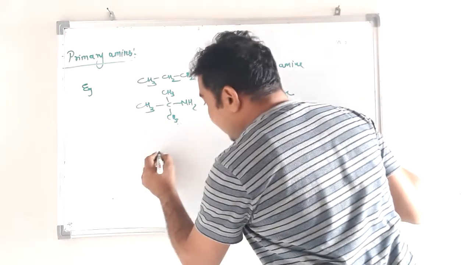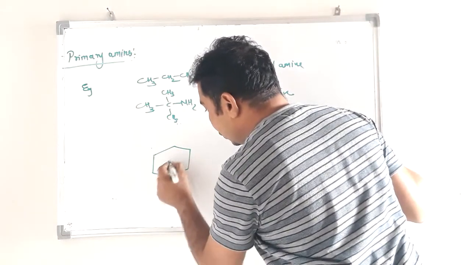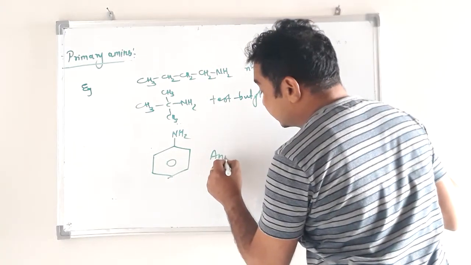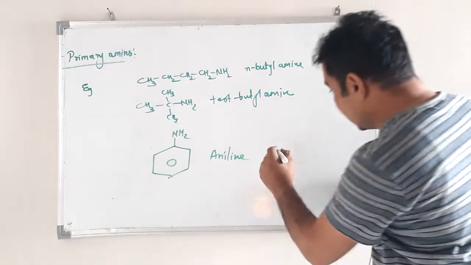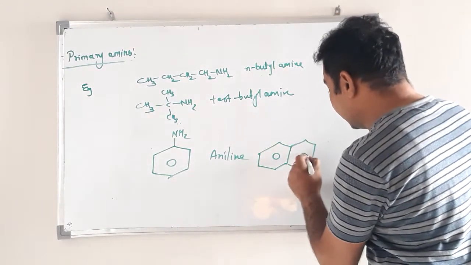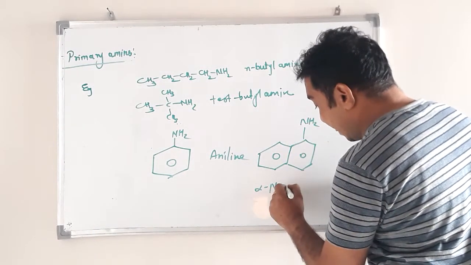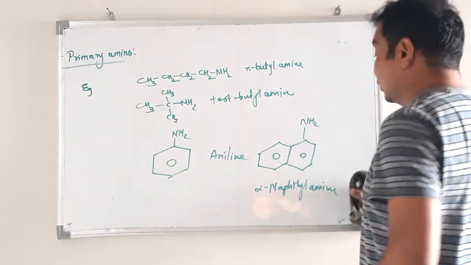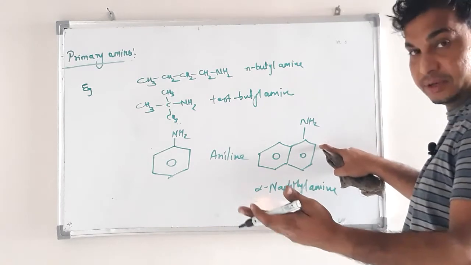We also have aromatic hydrocarbon, an aromatic phenyl group having NH2. Its name is aniline. Also we have naphthalene having NH2, alpha naphthylamine. If this amino group is at the beta position, then beta naphthylamine, and so on.